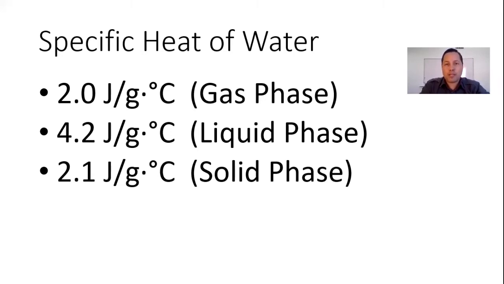And when water is in the gas phase, the specific heat of water is 2.0 joules per gram times degrees Celsius. So specific heat of water varies depending on the physical state that the water is in. All right, now let's take a look at some examples and solve some problems involving phase changes and heat changes.